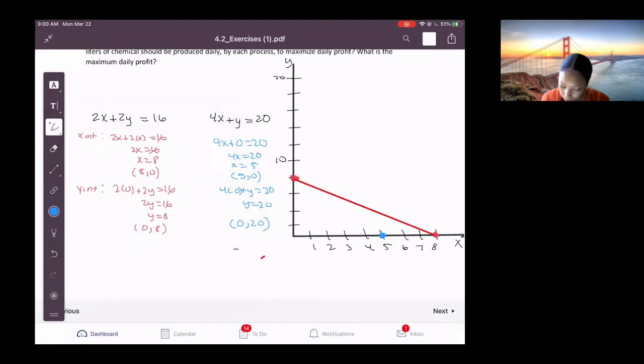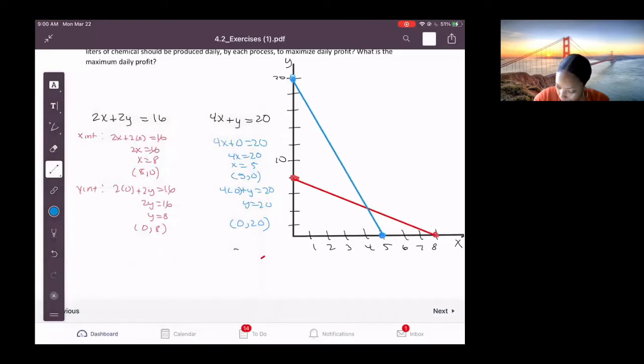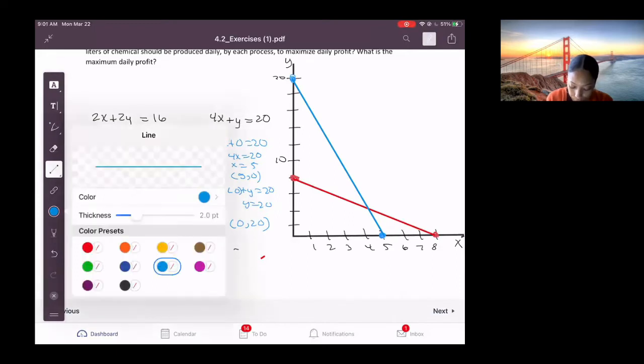And what's the other one? 0, 20, all the way up here. And if we connect those, boom. All right, so here is our graph of our 2 lines. We want to pick a test point.